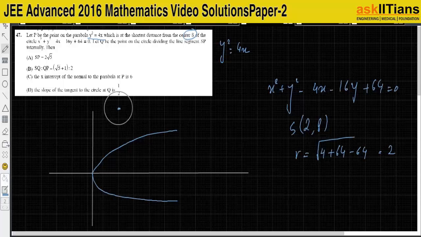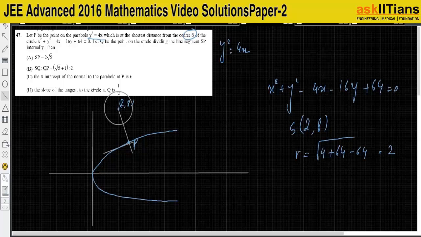Yeah, this center is 2 comma 8, and from here there is a point P which is at the shortest distance, right? So point P will be along the common normal. Shortest distance is always along the common normal. So this line is normal to the parabola and also normal to the circle.